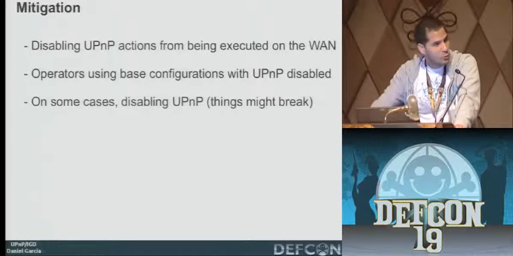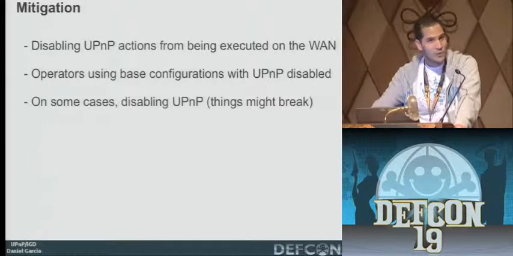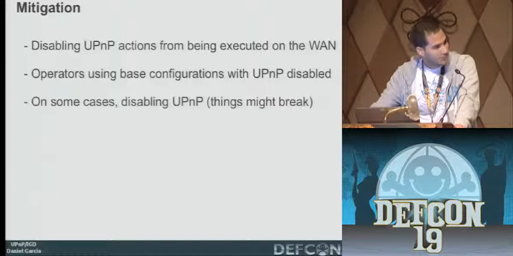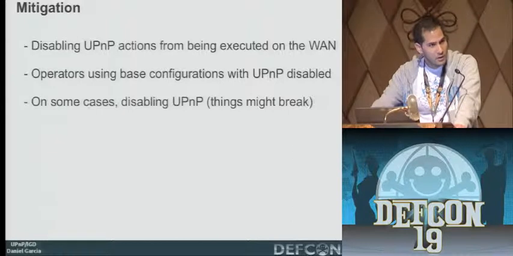And how do we fix this? I don't know. There's no real solution or best solution. First of all, we need to get everyone to be aware of this and start configuring their devices for UPnP, only accepting the action from the LAN side.